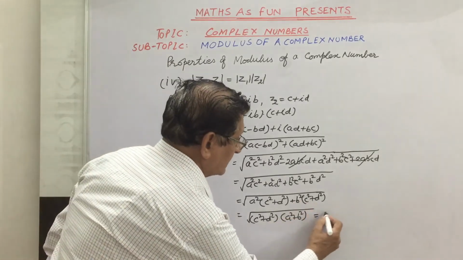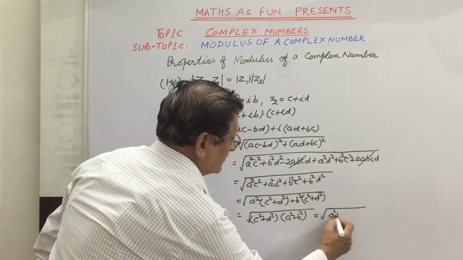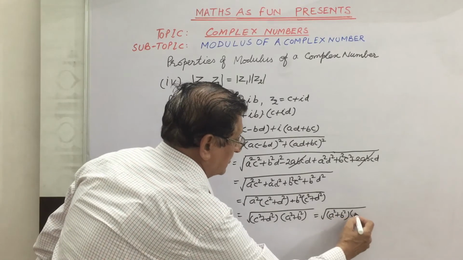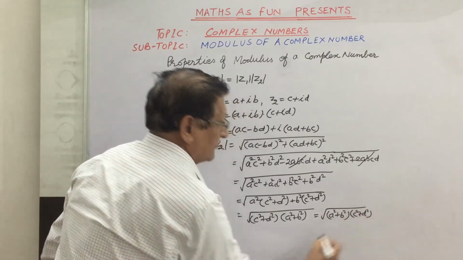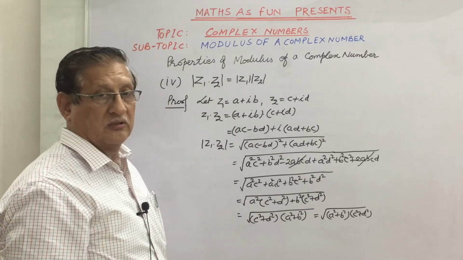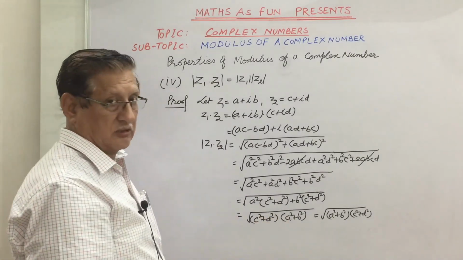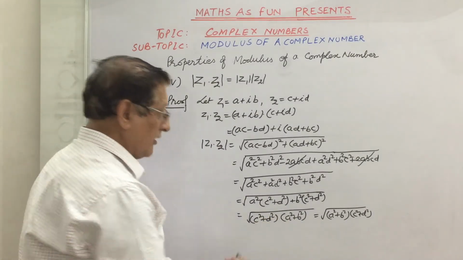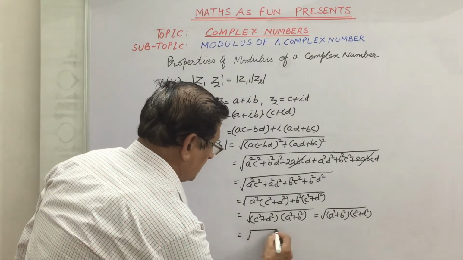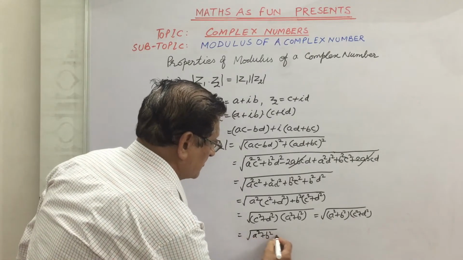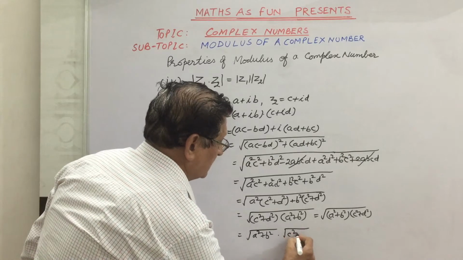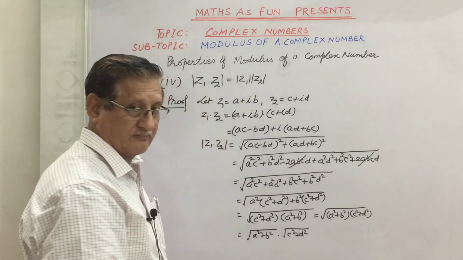Can we also write this as root of (a square plus b square) into (c square plus d square)? Because we know the product of real numbers is commutative. And we can also write this as root of a square plus b square into root of c square plus d square.